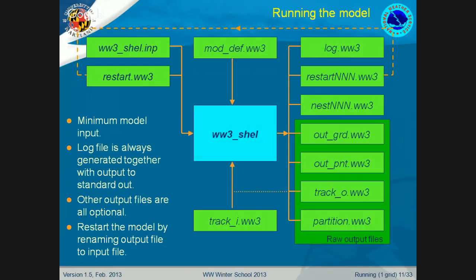So either you can run the model and it would tell you, okay, it's the wrong date, sorry, I cannot run, or you just run the small script and it gives you the dates, and then you can change the date in the shell.inp, because the starting date in this file has to match the date in the restart file. Otherwise, the model won't run, which is a safety feature.